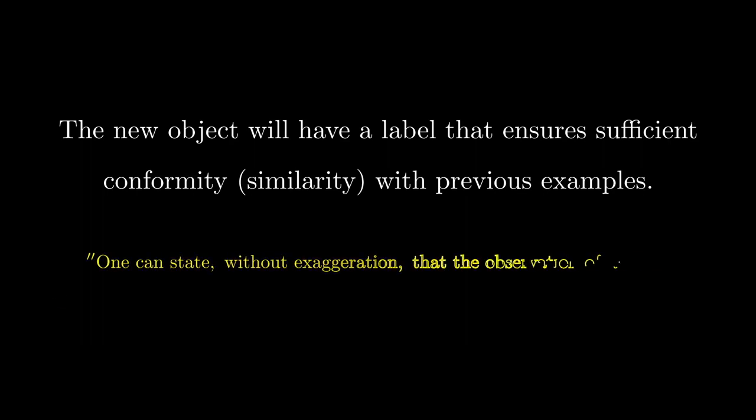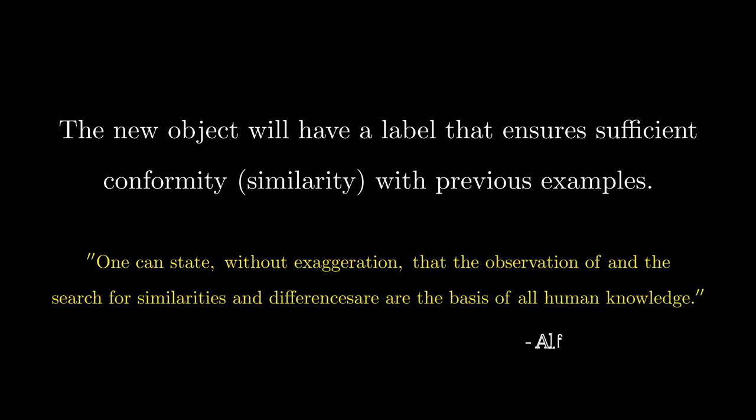Let's take a moment to pause and allow this informal description to sink in fully. Specifically, let's ponder what it means for an object to be considered sufficiently similar with the examples available in the training data.